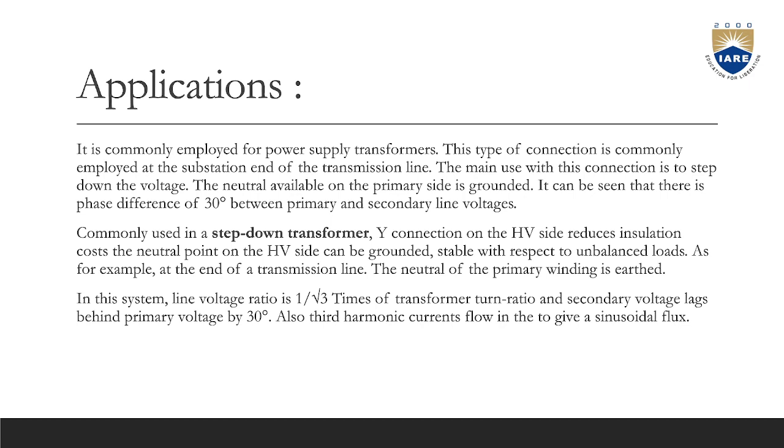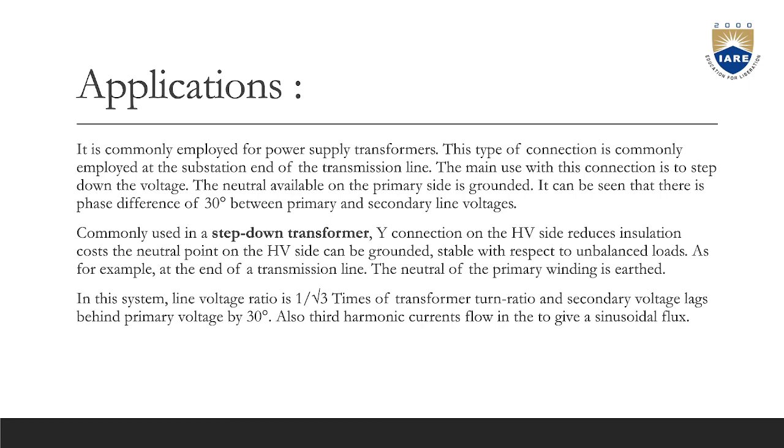The neutral available on the primary side is grounded. It can be seen that there is a phase difference of 30 degrees between primary and secondary line voltages, commonly used in a step-down transformer. Y connection on the HV side reduces insulation cost.